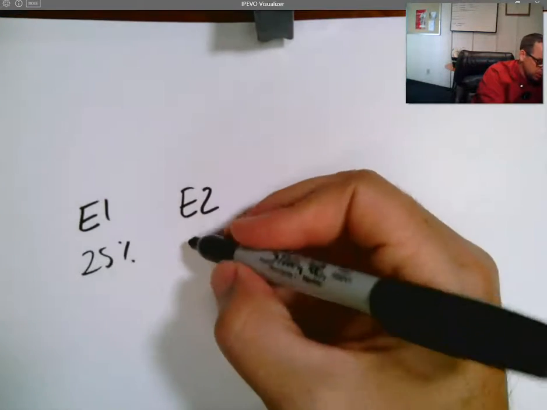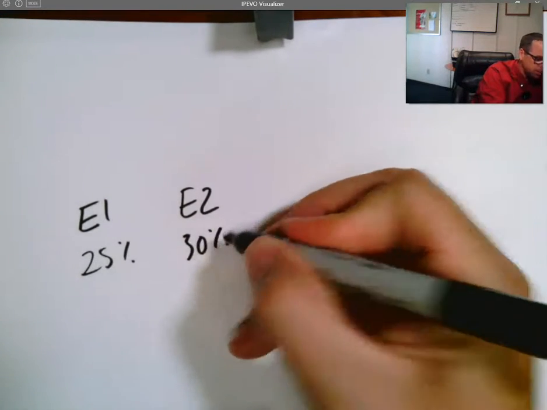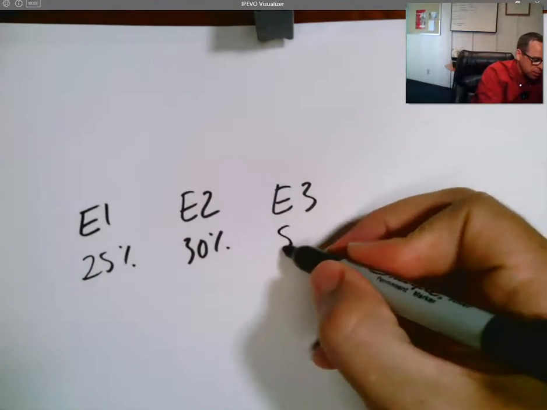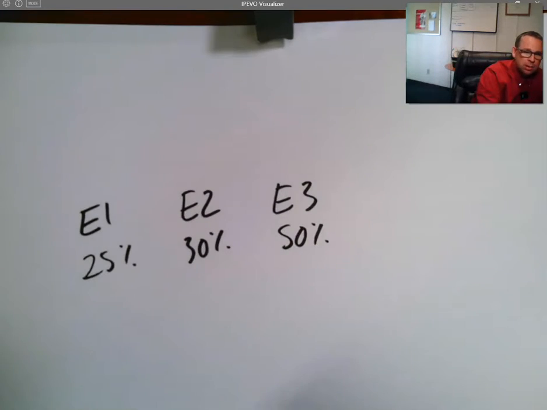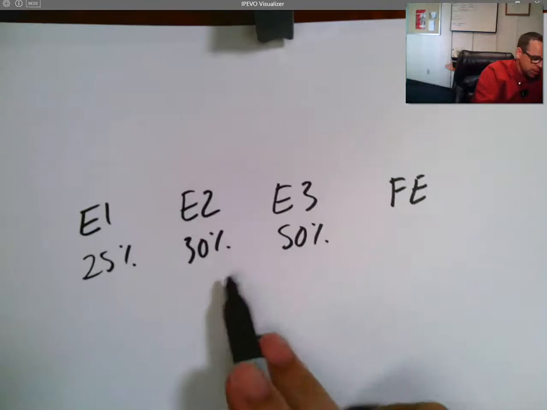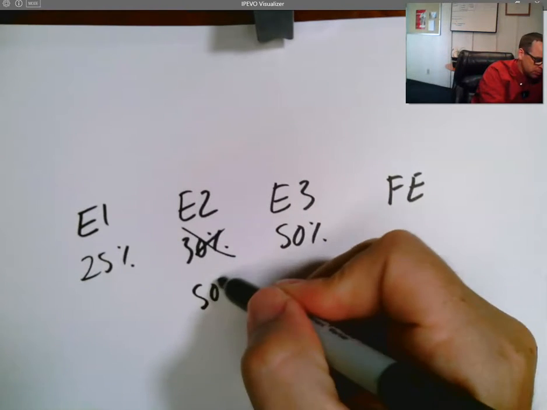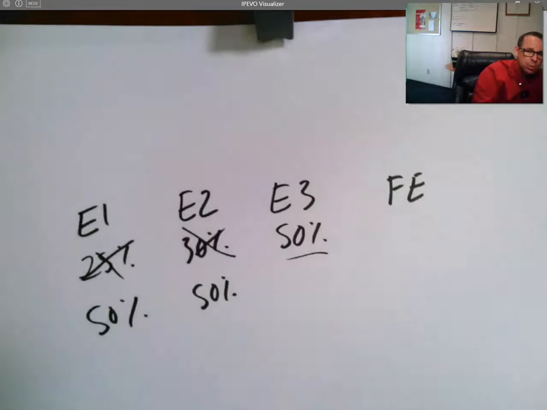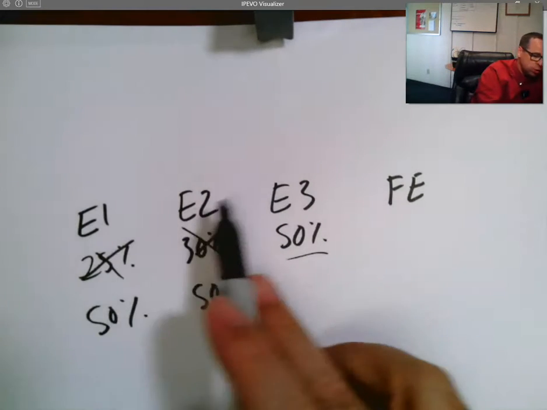Then I take exam 2, and I get a 30%. I'm getting the hang of things. I take exam 3, and I get a 50%, right? Going into the final exam, essentially what you'd be looking at here is having 50% on both of these exams because you've improved your score, because these are cumulative exams.